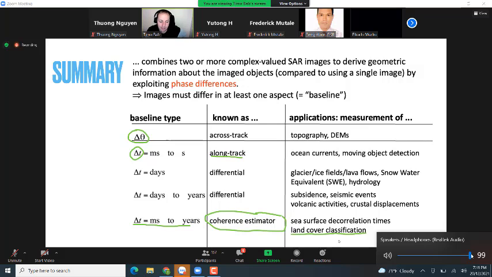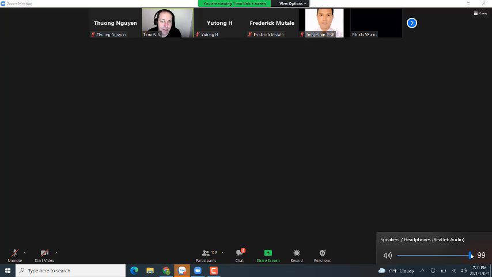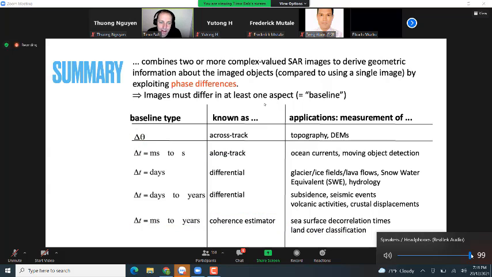And I pointed to that because I also think that is still a rather under-researched area, because I believe now with Sentinel, where we really have that data, we have now years of data available every 12 days, so you would have seasonal information.